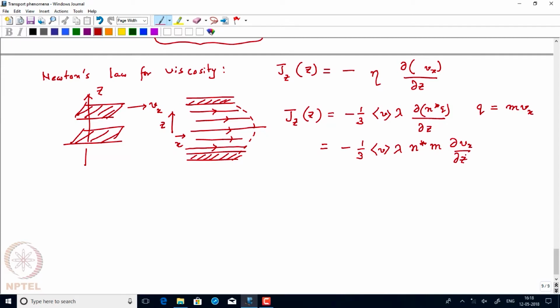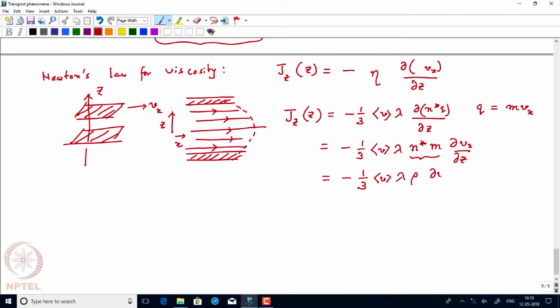Now we can easily compare, but before comparing I will make one more simplification. So it is minus 1/3 V average lambda, and then you see that n star times m, number density times mass, we write as rho, the mass density.